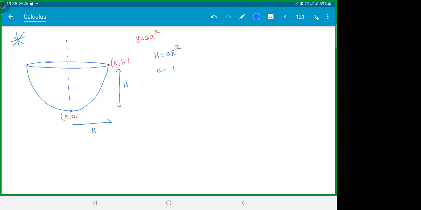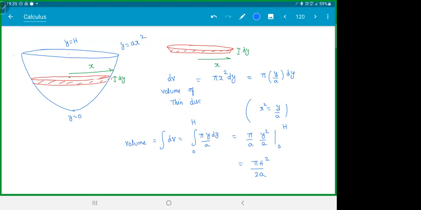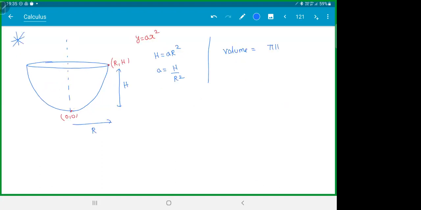So a is actually h by r square. We derived the volume is pi h square by 2a. Substitute a here, you get pi h square by 2h by r square. You end up with pi r square by 2 into h.